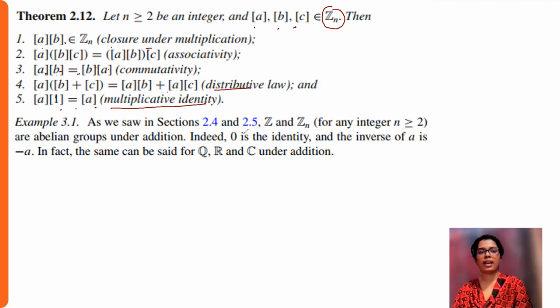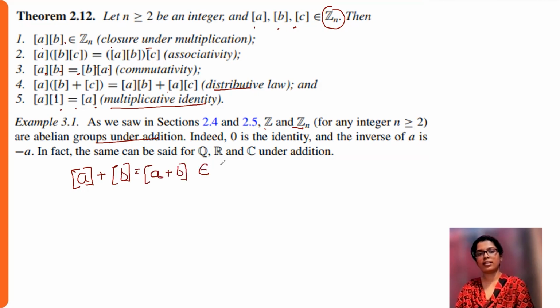Now, from here, with respect to addition, Zn satisfies all four properties. Class A plus class B is class A plus B, and this also belongs to Zn, so the closure property is satisfied with respect to addition.